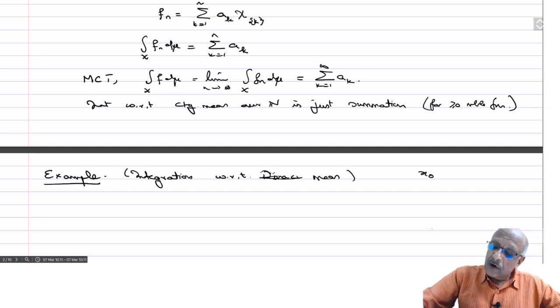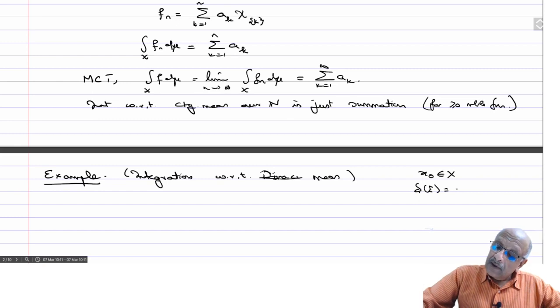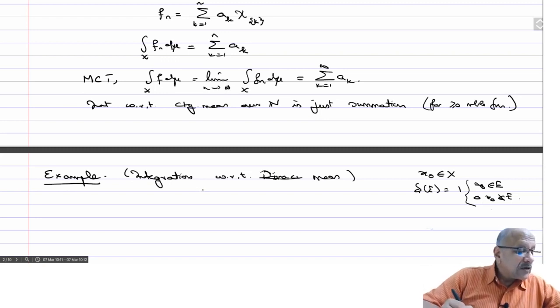You have x naught in X, and then you have mu of E, or rather delta of E, equal to 1 if x naught is in E, and 0 if x naught is not in E. This is the Dirac measure. So we want to know what is the integration with respect to this.